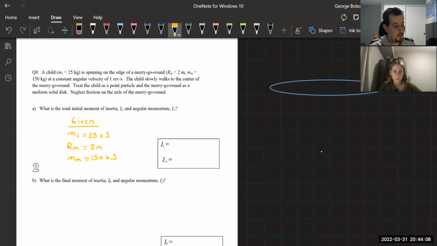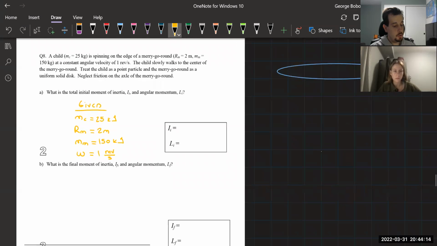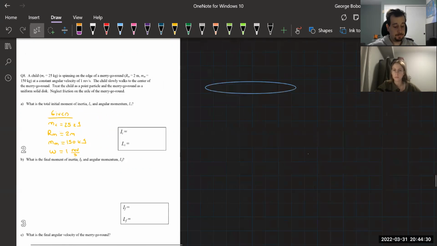The angular velocity is 1 rev per second. The child slowly walks to the center. Treat the child as a point particle. The merry-go-round is a uniform disk. Neglect friction on the axle. What is the total initial moment of inertia and angular momentum? They are driving you to do these things first.